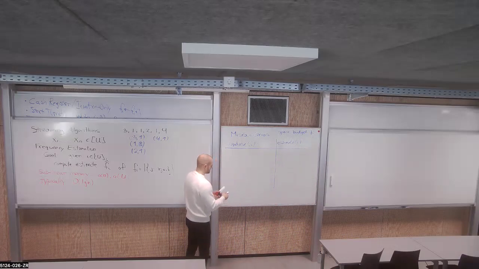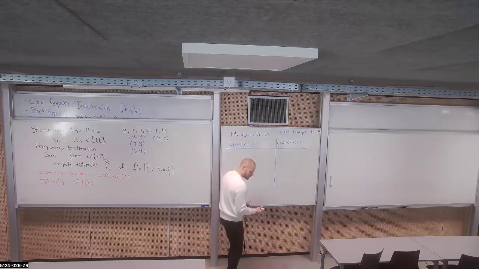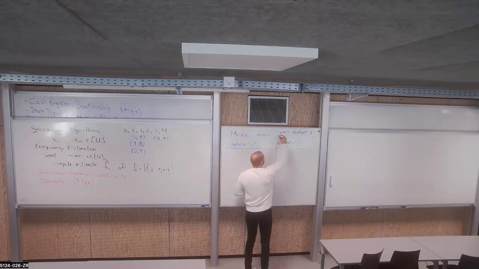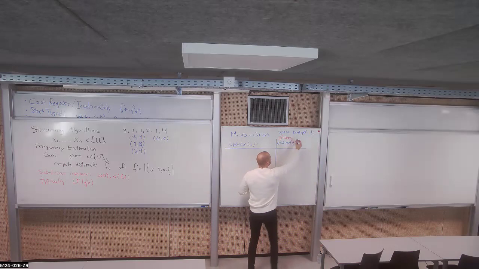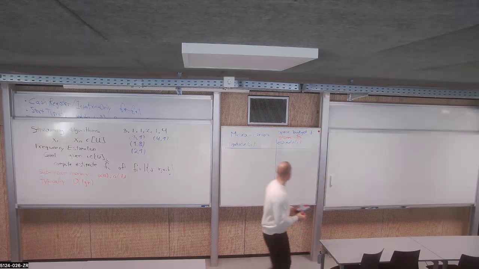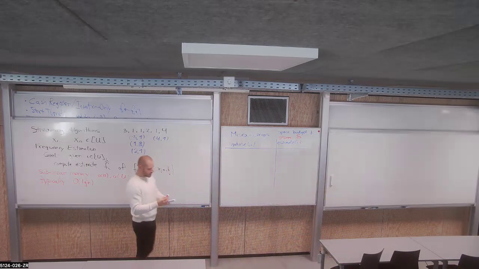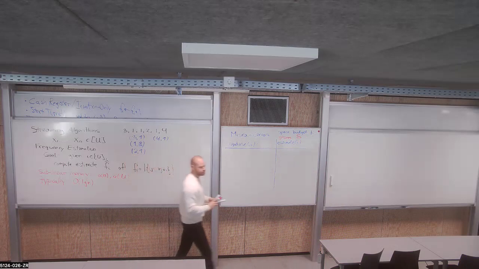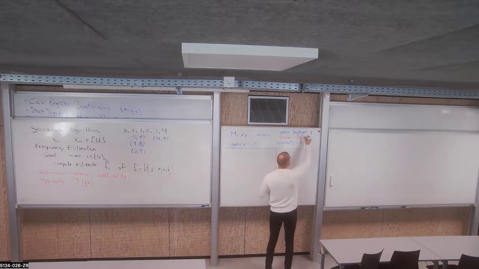So let's call it S. S is a set of counters, and the size of S is never more than k. To begin with, S is just an empty set of counters.